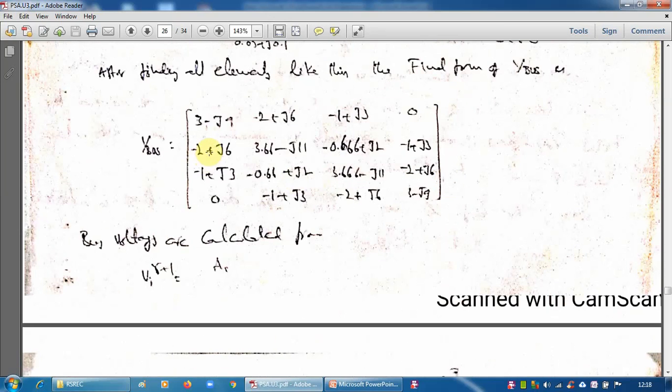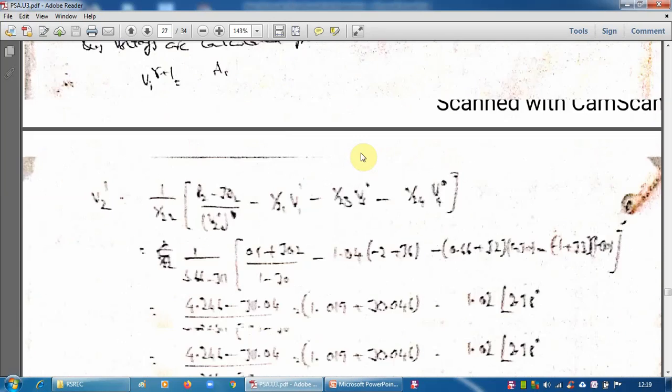Y23 is how much? 2, 3, this: minus 0.6. Like that, we can substitute all the values and calculate the fresh value of V2(1). Note, the assumed value V2(0) is 1 plus j0. We made use of all these things. What we calculated is V2(1), the fresh value of V2.